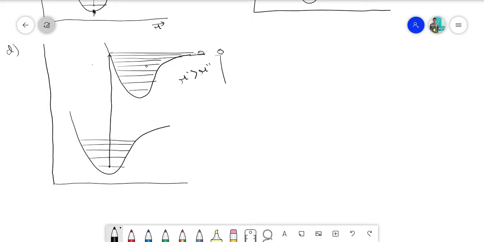Now this is the amount of energy which is needed to break this molecule. This is the dissociation energy. And here is the amount of energy needed to break the molecule in the ground state. And the difference between this and this is known as the extra energy that is there. Or let's say this is the excitation.